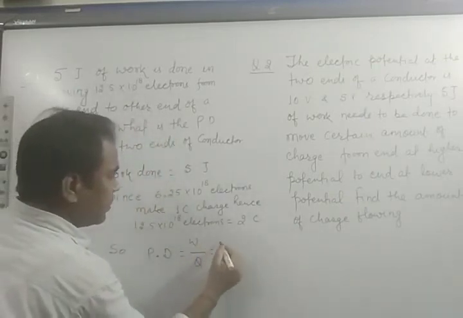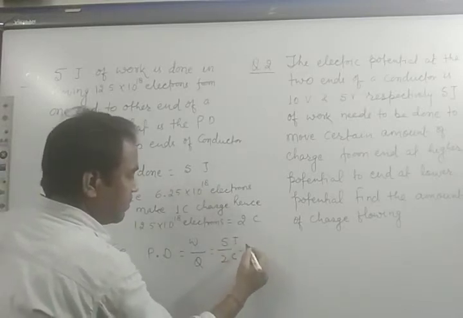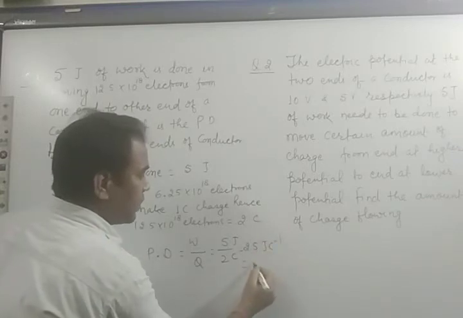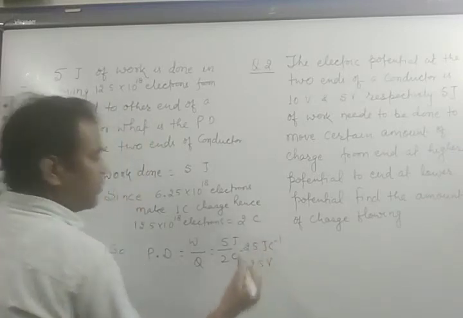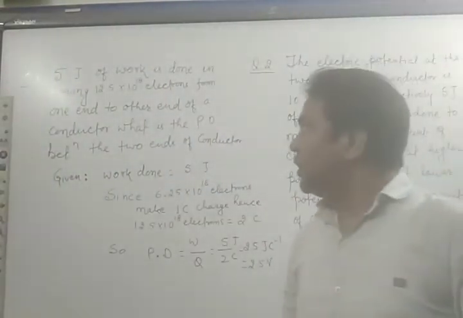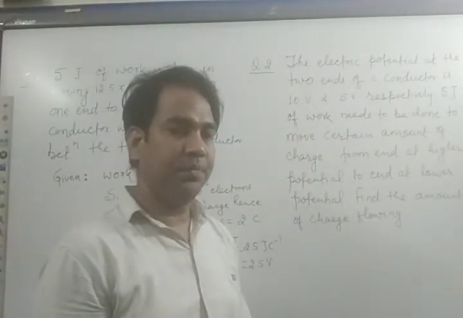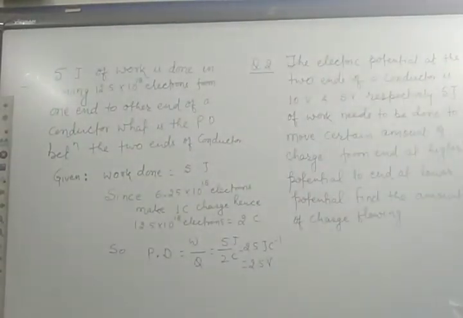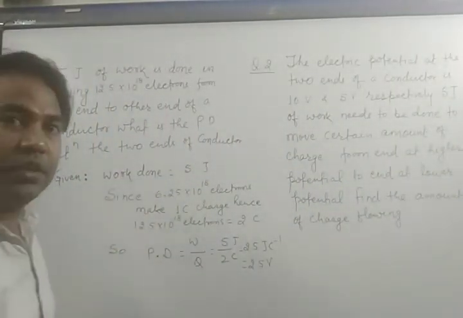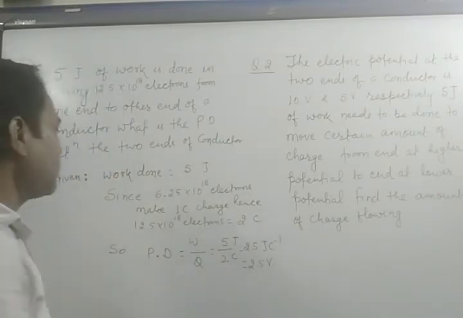It is equal to 5 by 2 joule per coulomb, which means 2.5 joule per coulomb is equal to 2.5 volt. That means the potential difference at the two ends of the conductor is 2.5 volt. Is it clear? The next question. For the next question I need space, so I am erasing it. You can note it down by pausing the video.